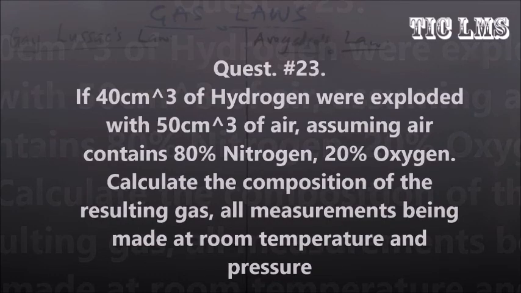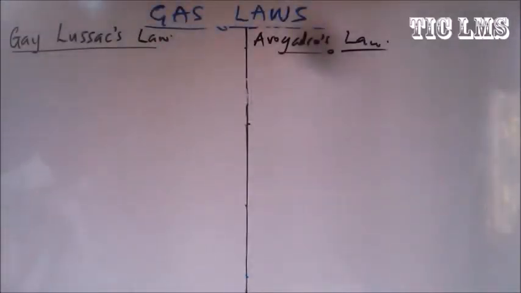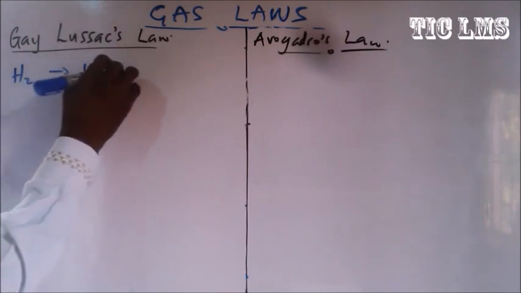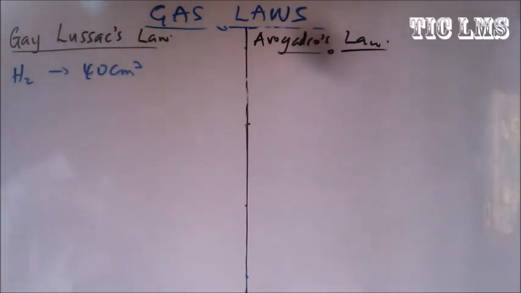Now from here, we have hydrogen gas, which is containing 40 cm cubed, and then with air, and air is a composition of gases such as nitrogen and oxygen.